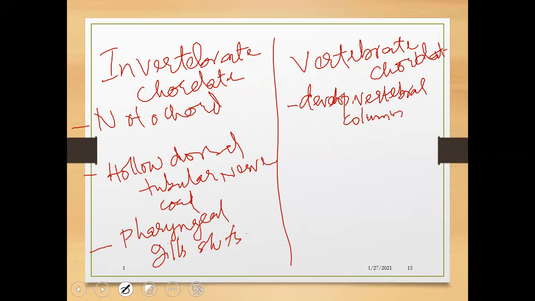In the start, the notochord is developed during the embryonic condition, and during embryological development, this notochord is converted into the vertebral column.